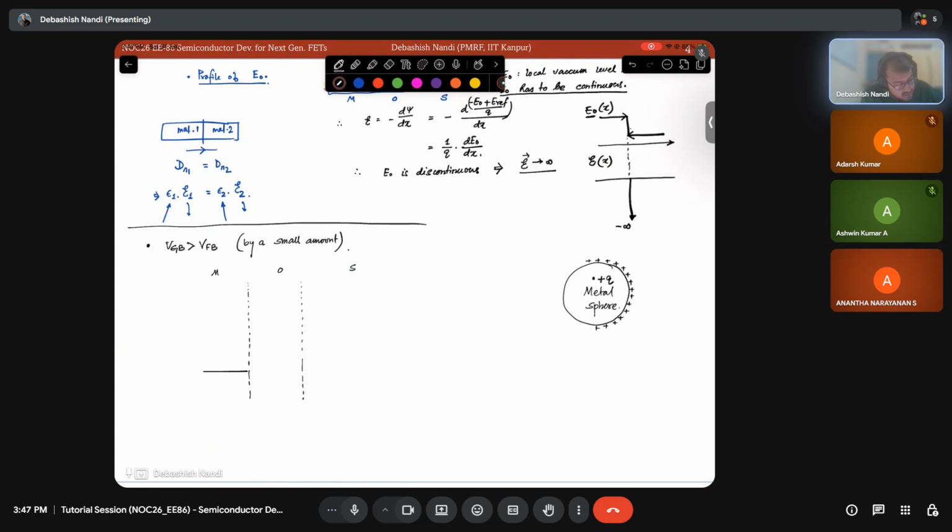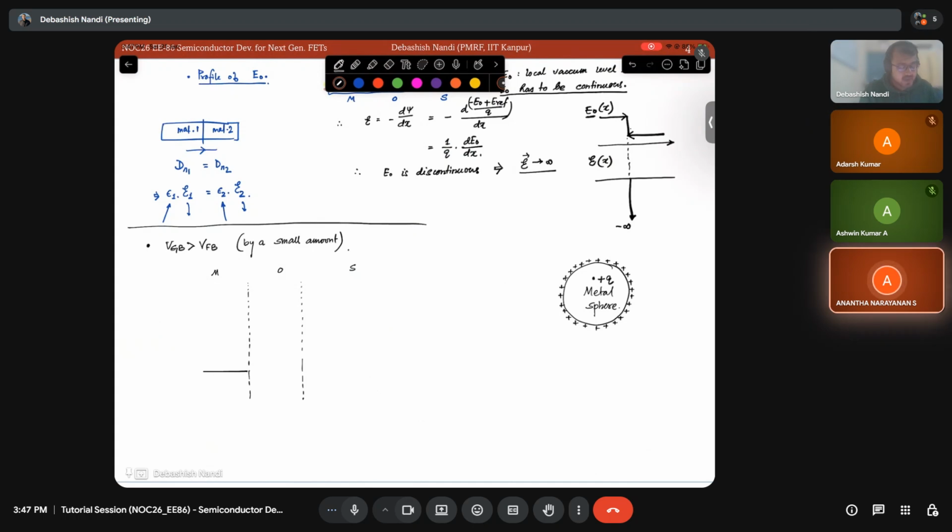Right? Why so? You know about the concept of screening length? You have not done EMFT? So screening length in the sense, you mean the skin depth? Skin depth, yeah. Electromagnetic wave, metal is an ideal reflector of that, right? Fine. So in case of metal, it lies on the surface, right?